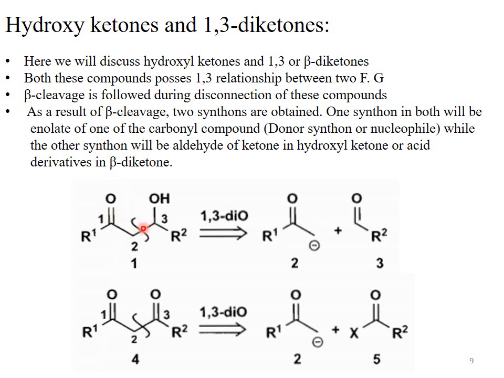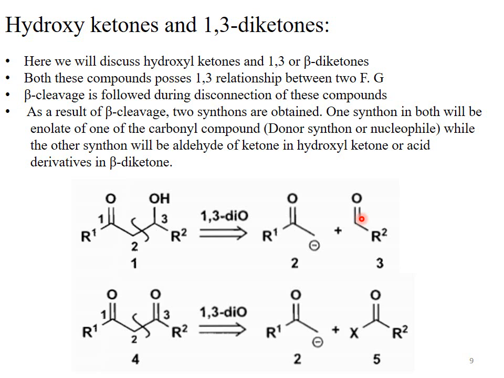Then as a result of cleavage, we have two fragments. Fragment number 2 is an anion, an enolate. So this is the donor synthon. And in fragment number 3, this carbon is the carbonyl carbon. This is the electrophile.